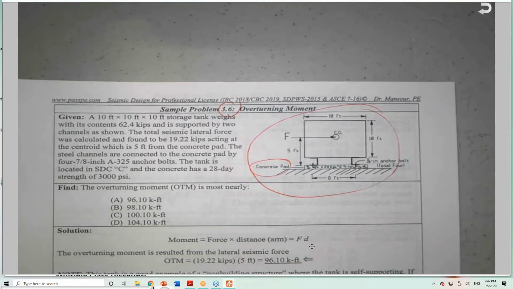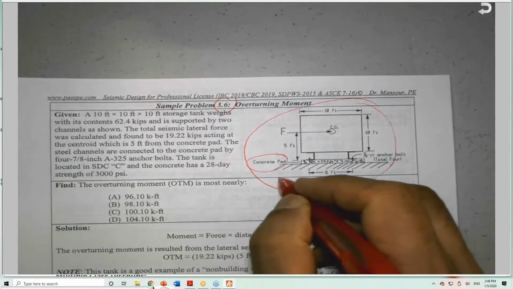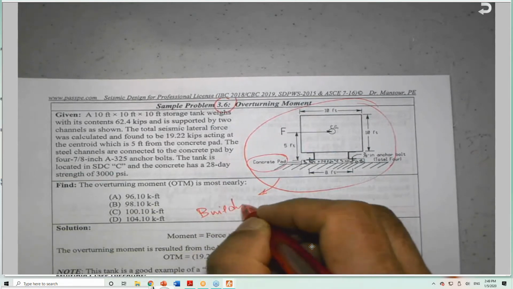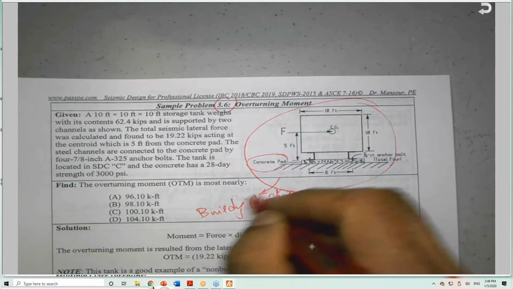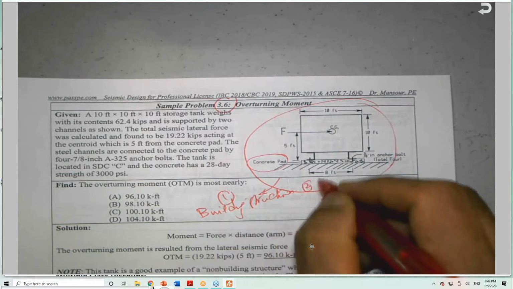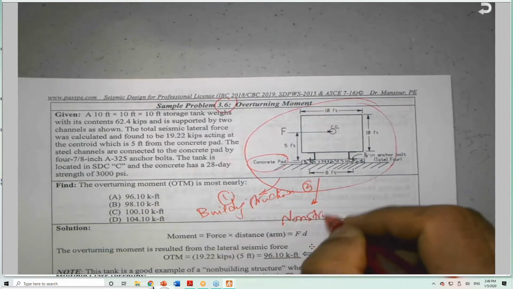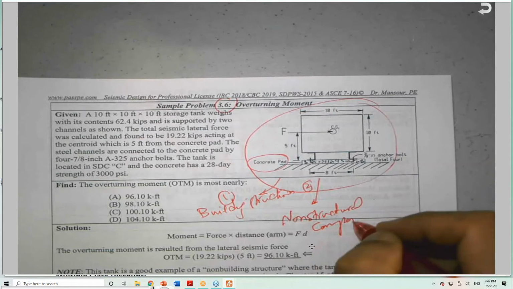Do you remember there were 4 groups this morning? Group number 1, building structures. Group number 2, non-structural components.